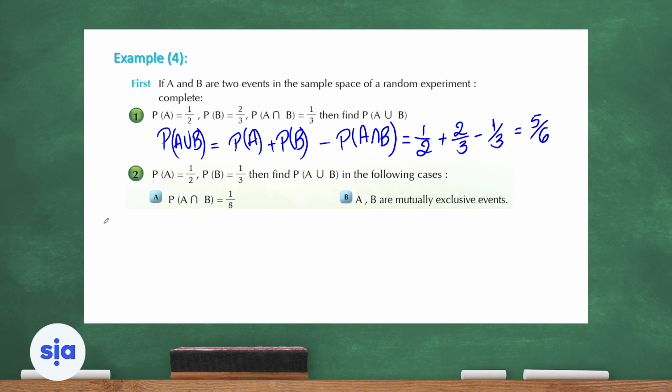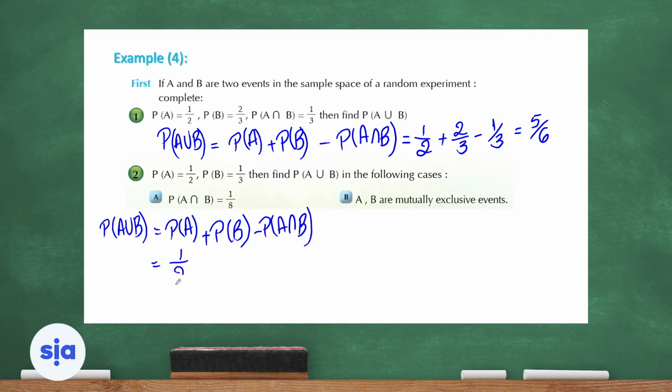So in this case, the probability of A union B equals probability of A plus probability of B minus the probability of the intersection. So it's half plus 1/3 minus 1 over 8. If you do your calculations, it will be 17 over 24.